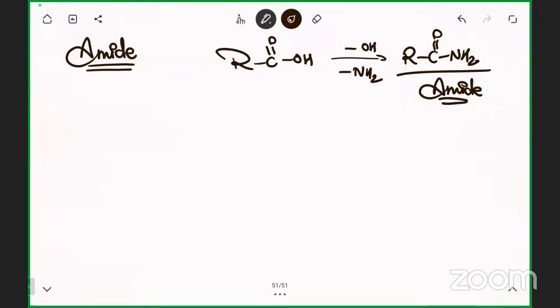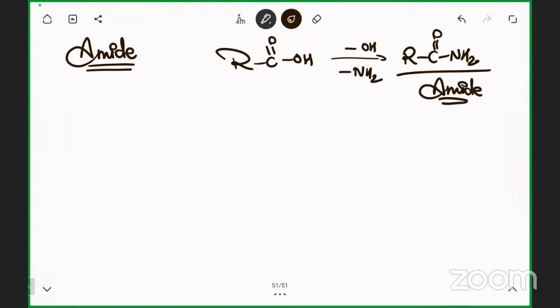Did anyone notice one thing, that I'm making every compound from the carboxylic acid? Is that true?